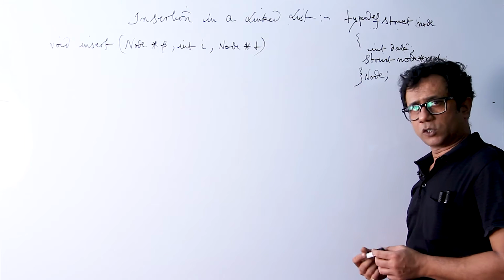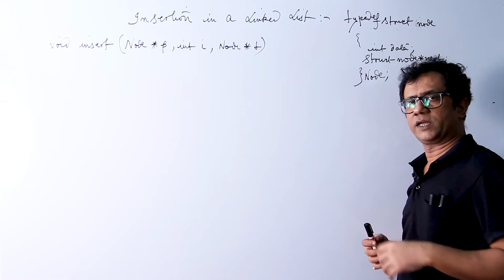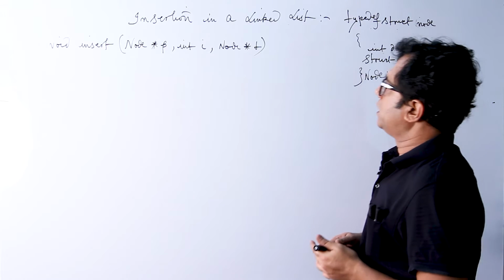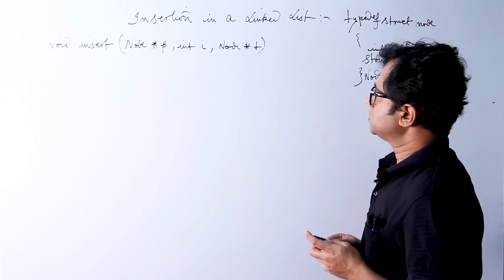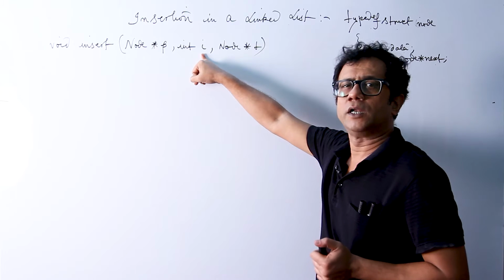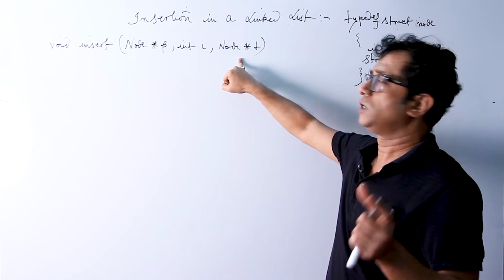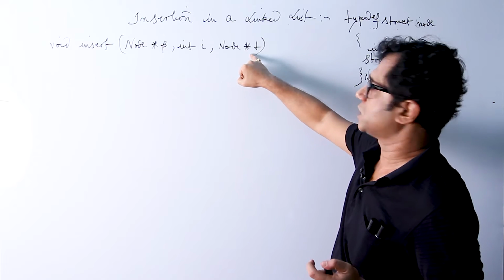That is, i can be 0, that is the 0th position, at the beginning. I can be 1, 2, 3 as well, and any other non-zero numbers. So that i is the position of the new node to be inserted, and the pointer to the new node is taken to be node star t.